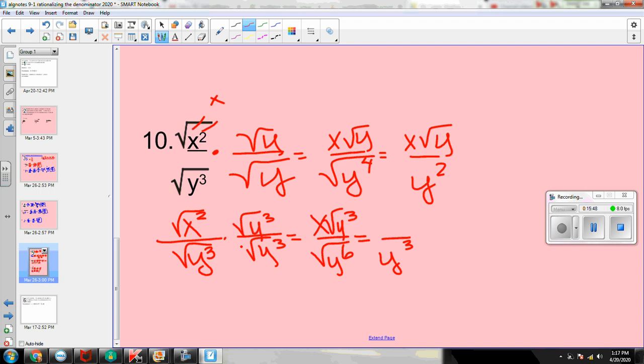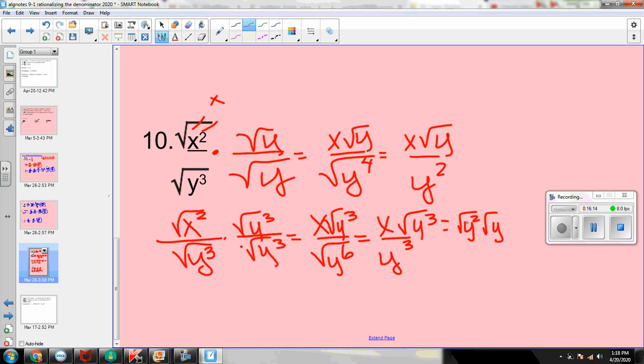Then what you'll have is x, because the square root of x squared is x, radical y to the third. So if I have x radical y to the third, could I cancel the y to the third and the y to the third? No, I can't, because this one's under a radical and this one's not. But you could say this y to the third is the same as the square root of y squared times y.